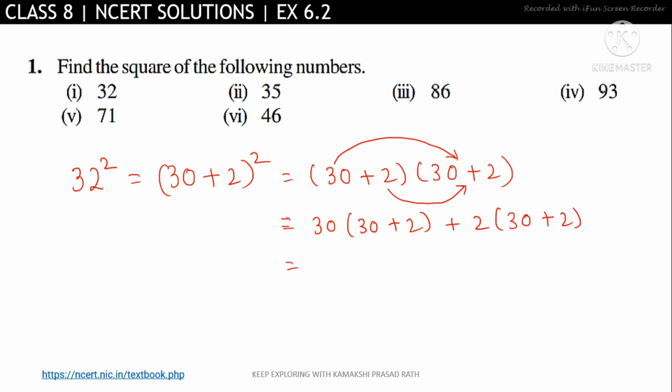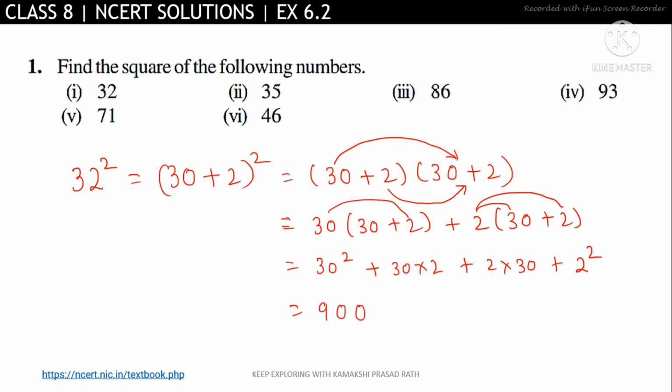So now what we get: 30 into 30 is nothing but 30 squared, plus 30 into 2, plus 2 into 30, plus again 2 into 30 we have written. Now 2 into 2, what we get, 2 squared. So 30 squared is easy for us. 30 into 30 we get 900, plus 60, plus 60, and at last 2 squared is 4.